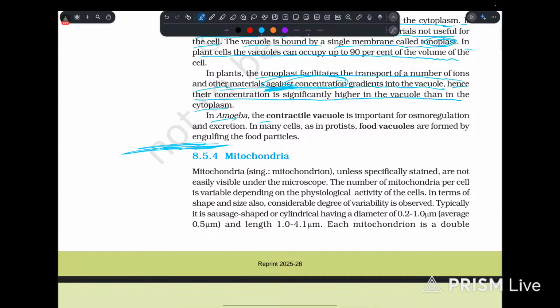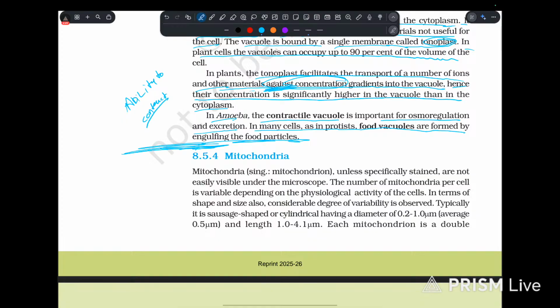In amoeba, the contractile vacuole is important for osmoregulation and excretion. In many cells, as in protista, food vacuoles are formed by engulfing food particles. Okay, so in amoeba there are contractile vacuoles. Contractile vacuoles have the ability to contract.